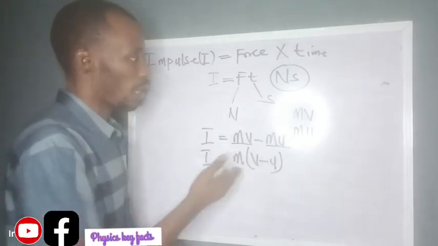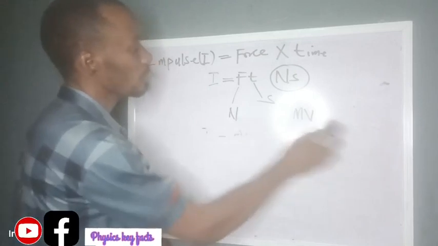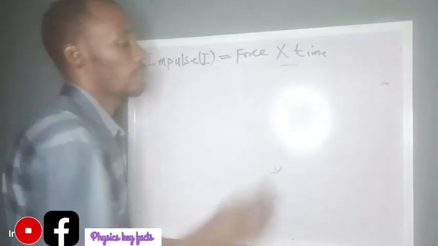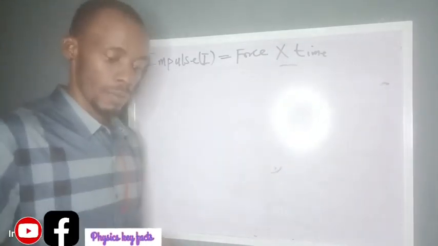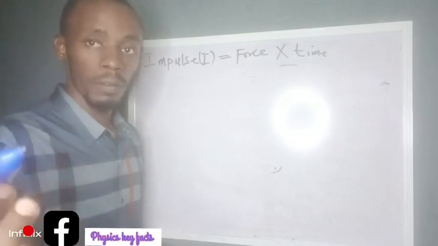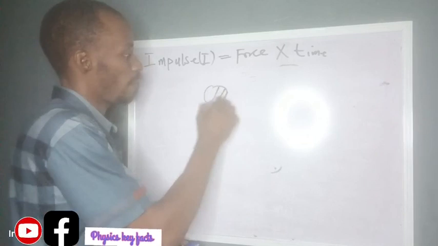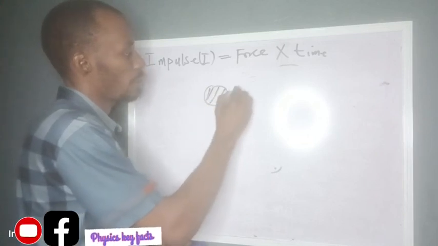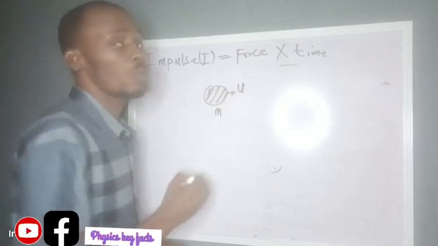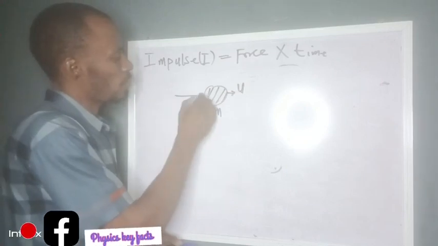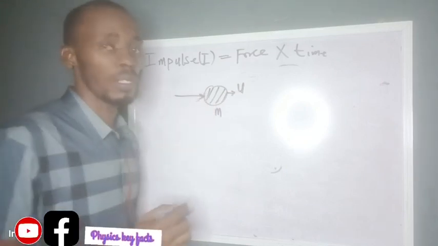How did this formula come about? I have a body with a mass m, and this body is at a particular velocity u, and a force acted on this body.